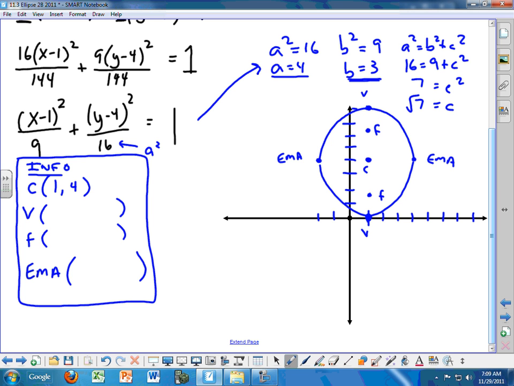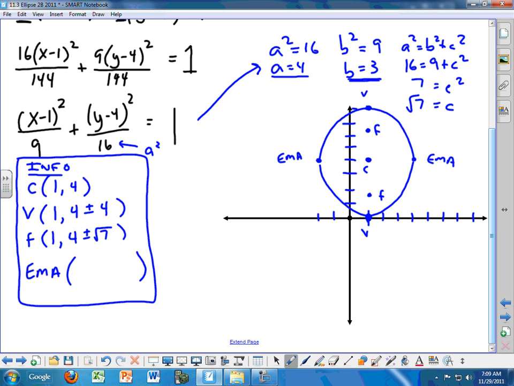So I have my picture drawn, and all I need to do then is figure out those in the info box. My vertices are up and down 4 units, so therefore I'll have 1, comma, 4, up and down 4 units. The foci are also up and down. That's why I put them right underneath the vertices. They look pretty much the same. That's up and down. And this time it's radical 7. Don't approximate that. Just put in the correct value, radical 7.